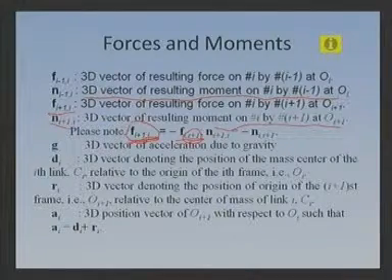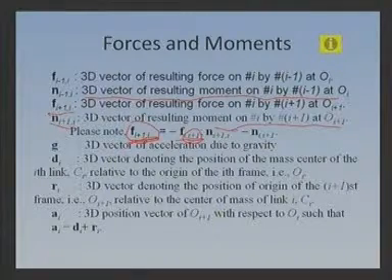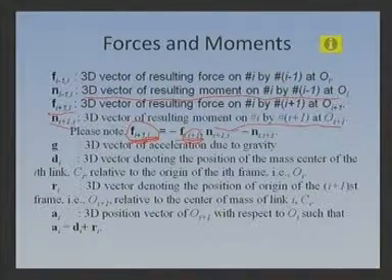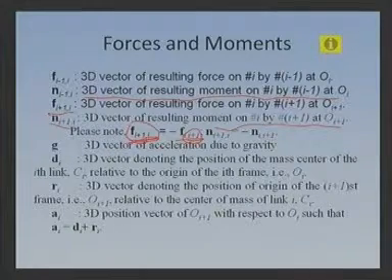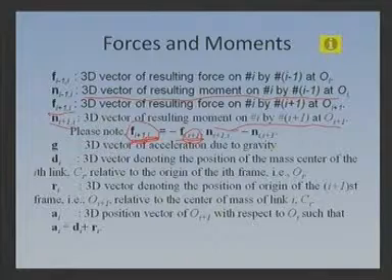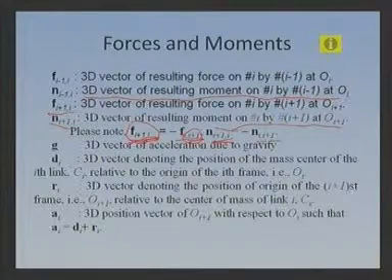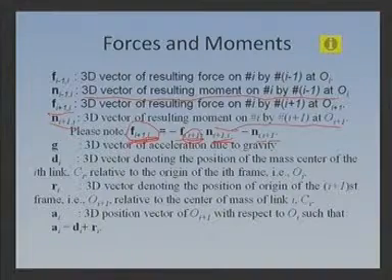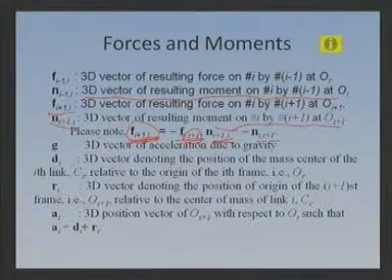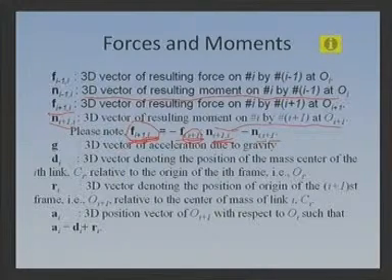I have just written that, there is nothing very fancy there. Similarly, the moment applied by the I plus first body, n I plus 1 comma I, is equal to minus the moment applied by I to I plus 1, because we will use this whenever we need to simplify the equations.